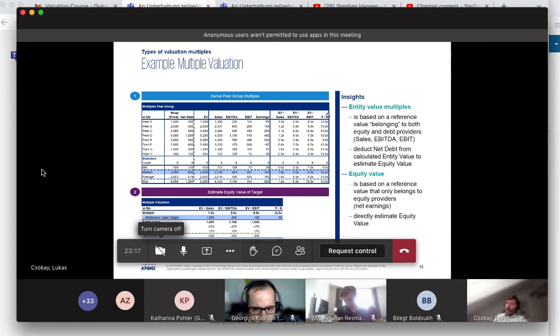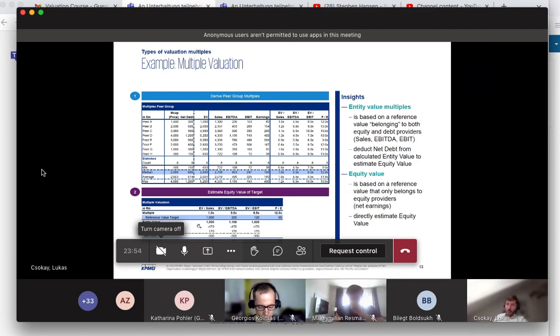If we want to calculate the price earnings multiple, then we only need the market cap and earnings. And so we calculated 4 multiples here. Then we apply those 4 peer group multiples to our own target company. For example, for sales, we have a sales figure of, I don't know if it's 1 million or 1 billion, something like that.